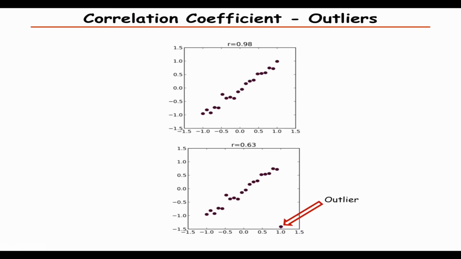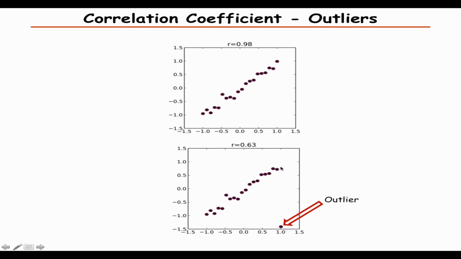Now, again, we look at a few different cases of what happens with the correlation coefficient. Here we have our nice linear relationship, and we get a correlation coefficient of 0.98. But if we have just one outlier here, it goes down to 0.63.